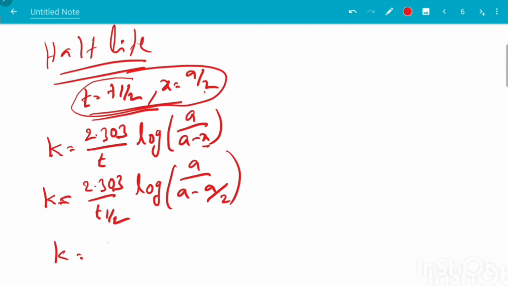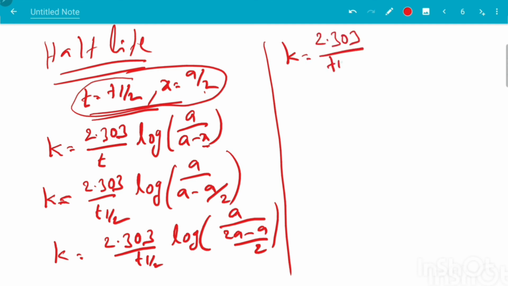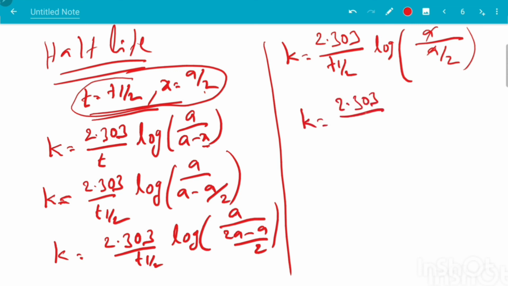So k equals 2.303 by t half log of a by (2a minus a) by 2, upon LCM. That is k equals 2.303 by t half log of a by a by 2. The a cancels, and k equals 2.303 by t half log 2.